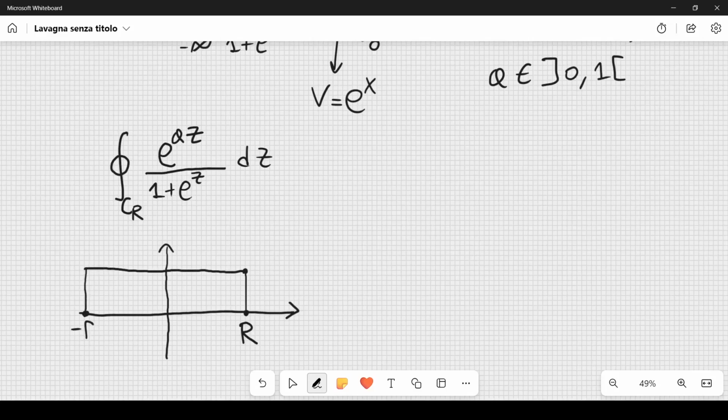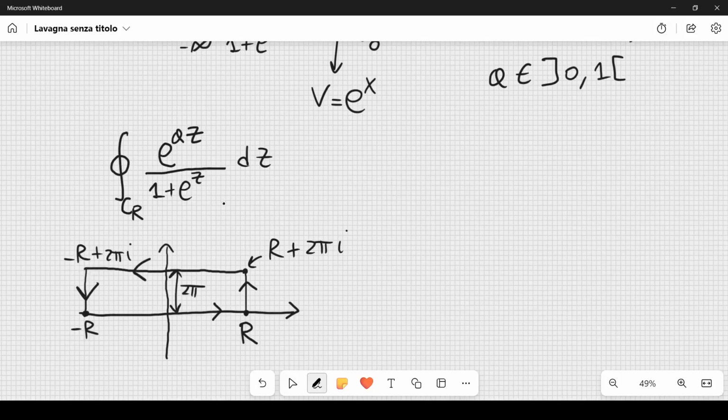This vertex is minus R, this vertex here is R plus 2 pi i, so the imaginary part of this vertex is 2 pi, so we have 2 pi i here, and of course this one will be minus R plus 2 pi i. We are going to travel along this contour in a counterclockwise manner.